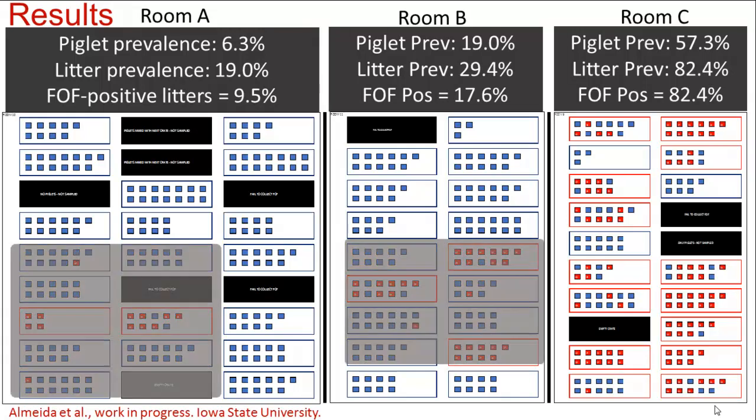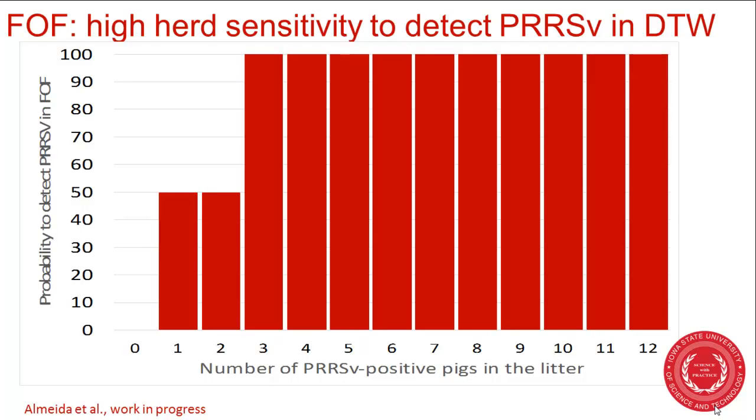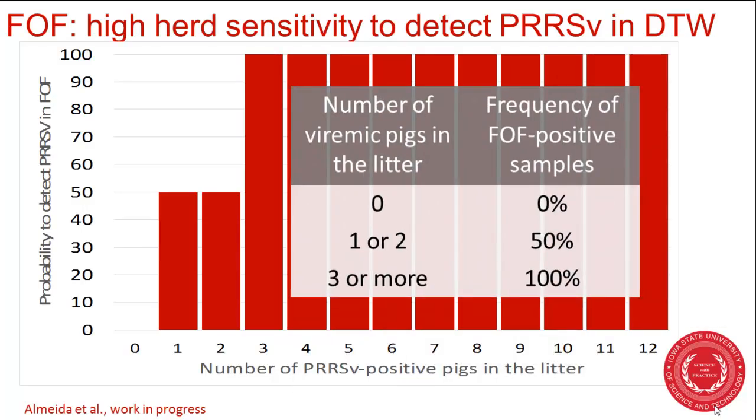And so here is one way to summarize those slides. Probability to detect virus in family oral fluids based on number of piglets that were positive in the litter. When there was no viremic piglet in the litter, the oral fluids also tested negative, supporting our thought that with family oral fluid you don't need to worry about specificity.